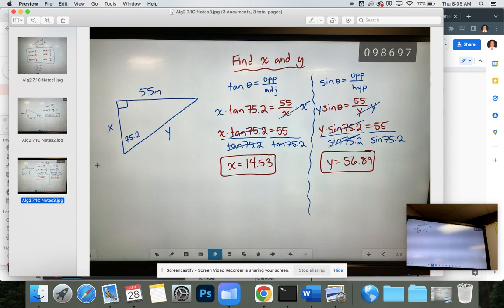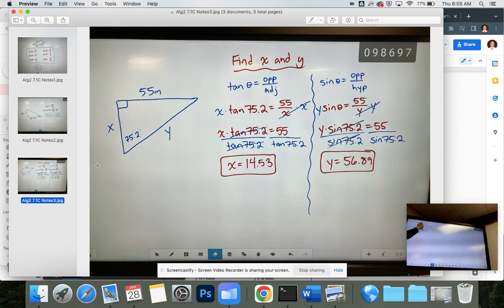So we have two goals. We want to solve for x and y. Which letter do you want to solve for first? X, sure. We are always going to be referencing this angle right here. We are going to try to find x, and we also know 55. So this would be opposite and adjacent.